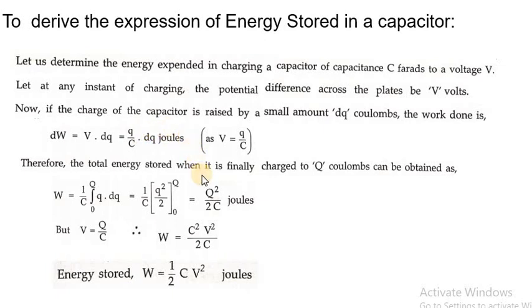You have to draw the circuit diagram, write the proper assumptions, write this particular equation, take the integration, put the relationship Q is equal to CV, find the energy stored in terms of CV, and then finally declare the value.